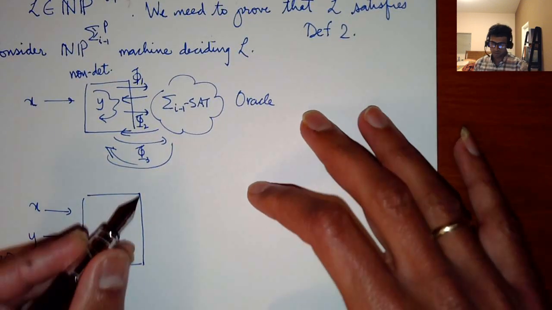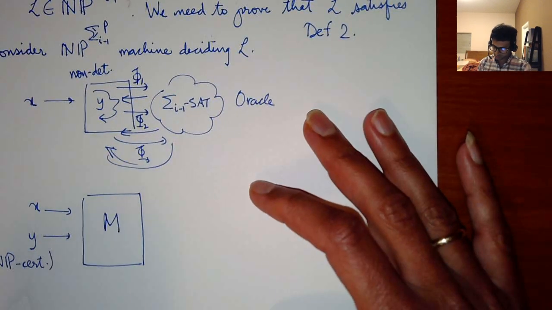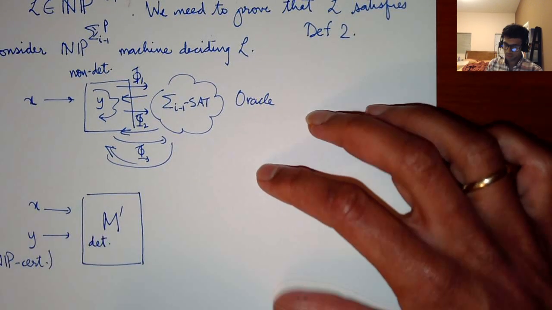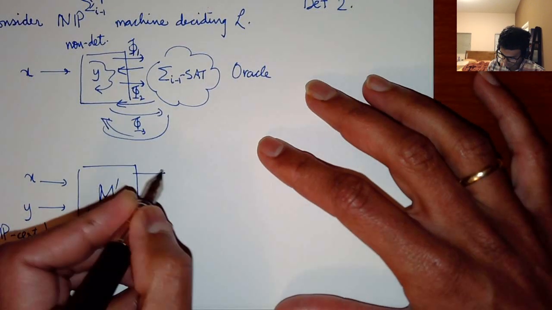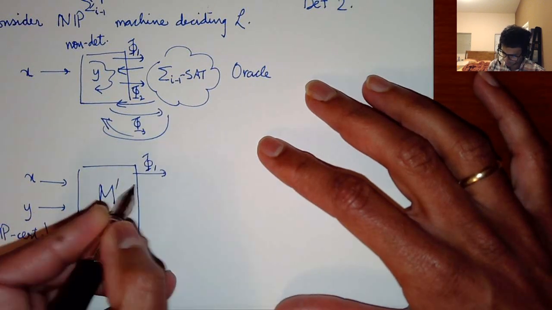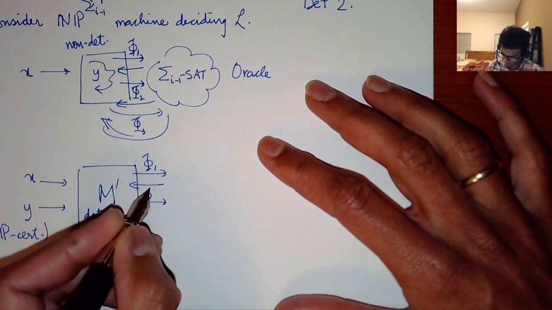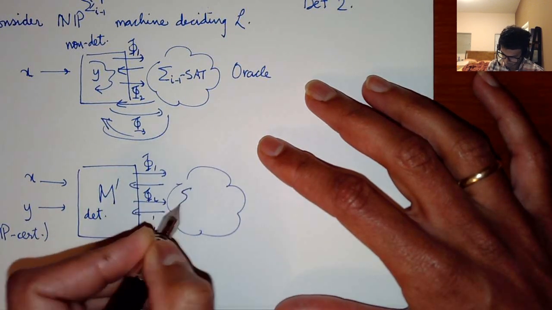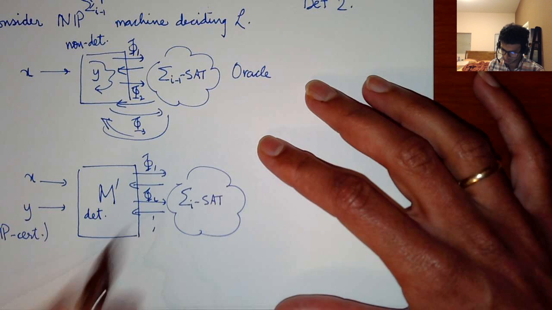And the benefit is now this M, let's call it M prime, becomes deterministic. It queries phi 1, gets a response, queries phi 2, gets a response, and so on. And this is the oracle to sigma I minus 1 SAT.